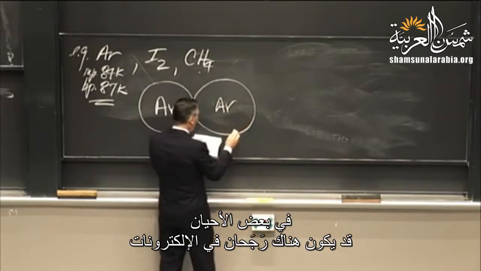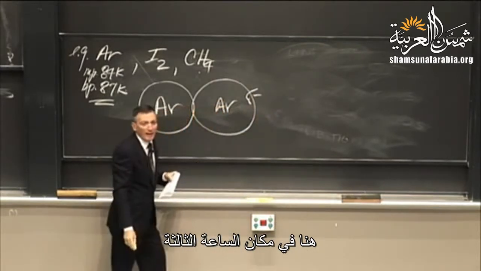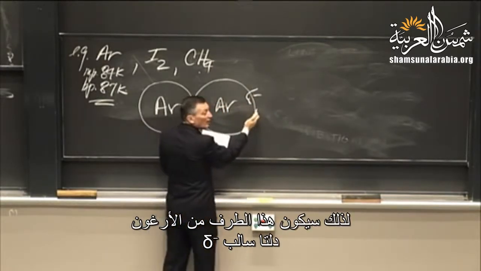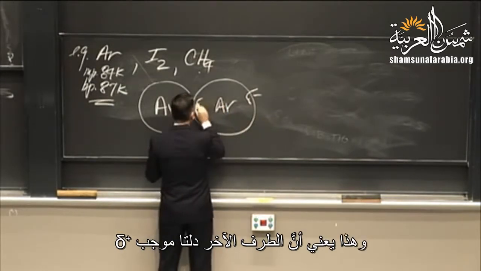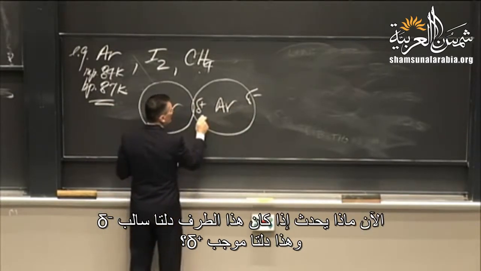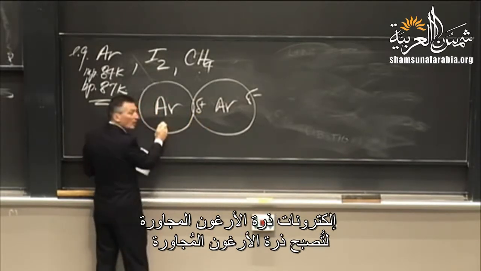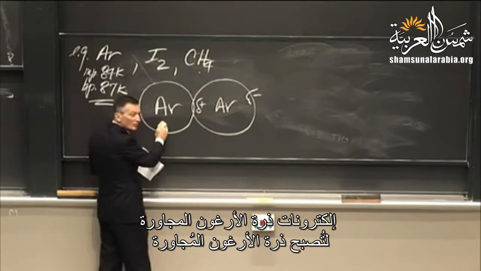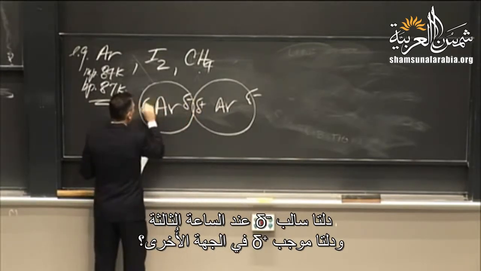So at some moment I might have a preponderance of electrons over here at around 3 o'clock. So this end of the argon atom is a little bit delta minus, which means the other end is delta plus. Now what happens if this is delta minus, this is delta plus? Can you see that the positive end of this argon atom will then pull on the electron distribution of the adjacent argon atom, rendering it delta minus at 3 o'clock and delta plus.